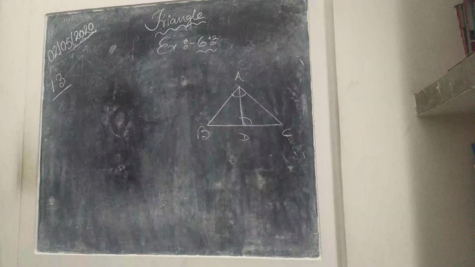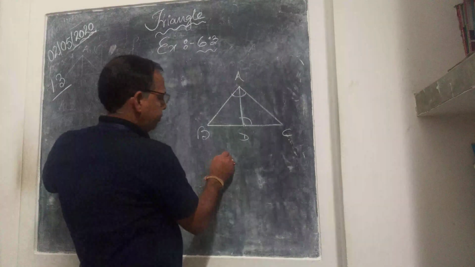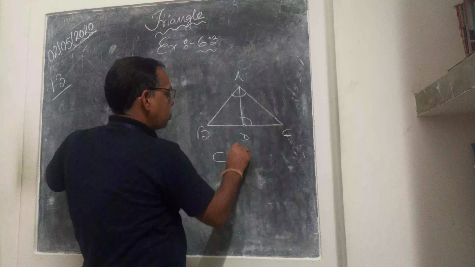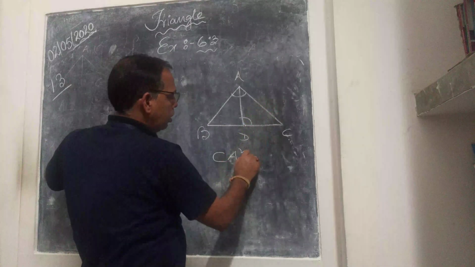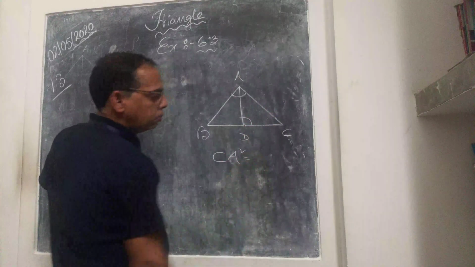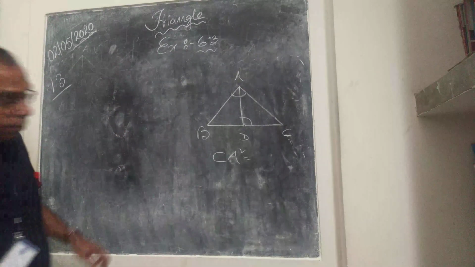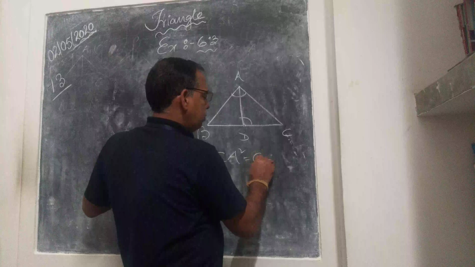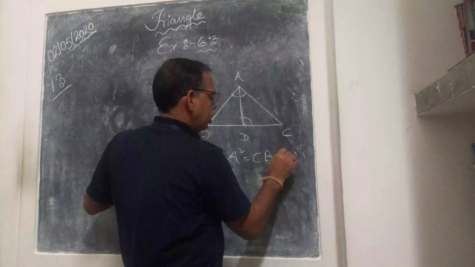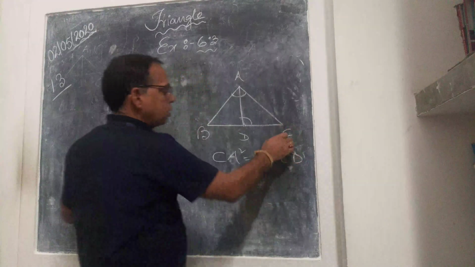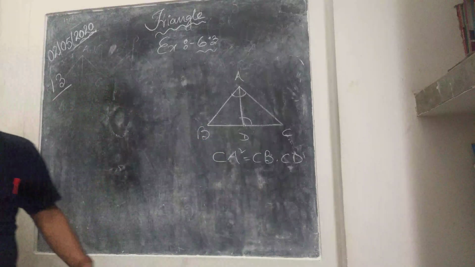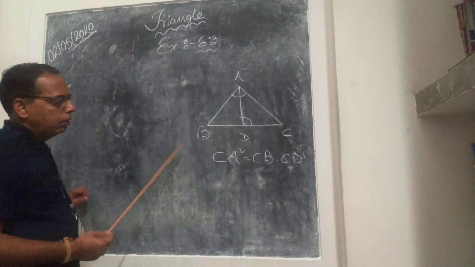Now we have to prove that CA square equals CB into CD.